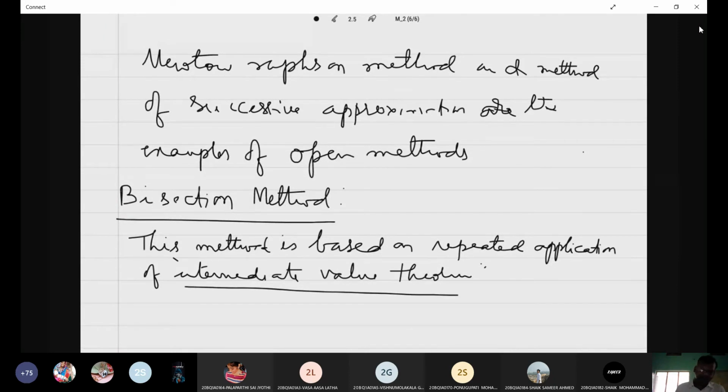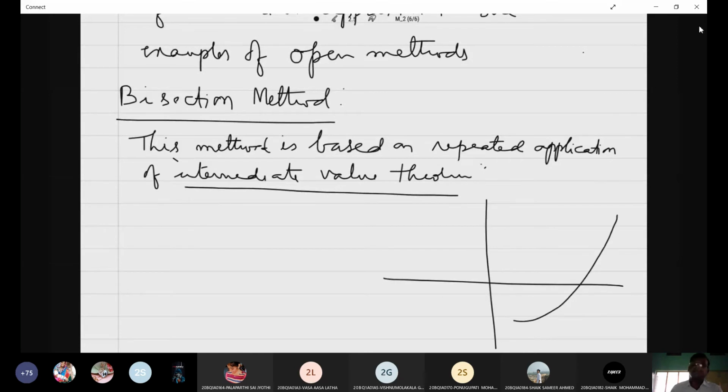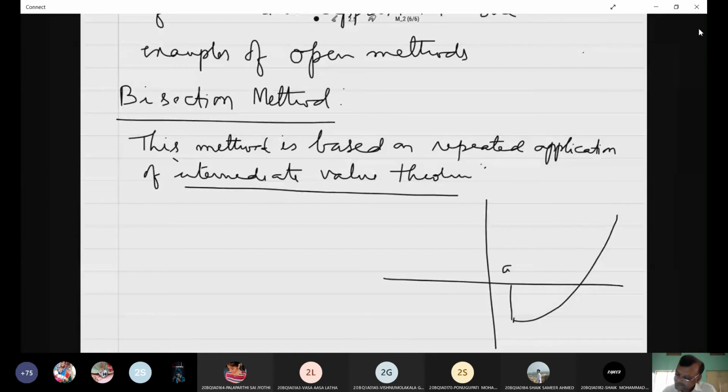Intermediate value theorem: suppose a function is continuous like this. This is y is equal to f of x. If a function is continuous in the closed interval [a, b], this is the point a and this is the point b.